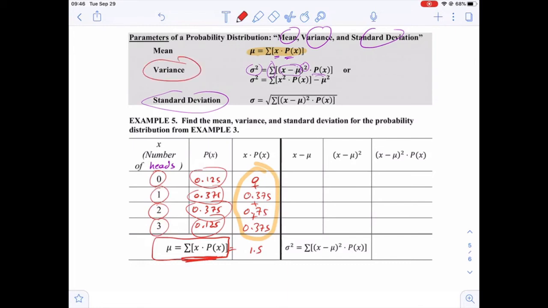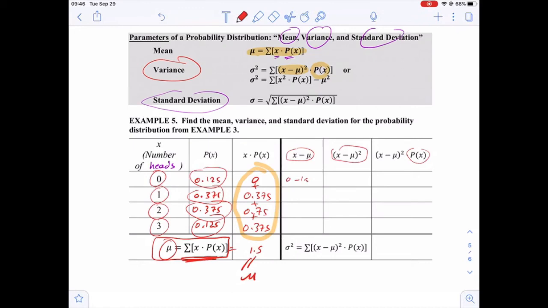Now if we want to find the variance, sigma squared, we need this expression. We need to include this expression, x minus mu squared, and then we multiply it by the probability. So let's add this. We first find x minus mu, then we square it, and then we multiply it by p of x. So x minus mu, what is mu in this case? Mu is 1.5.